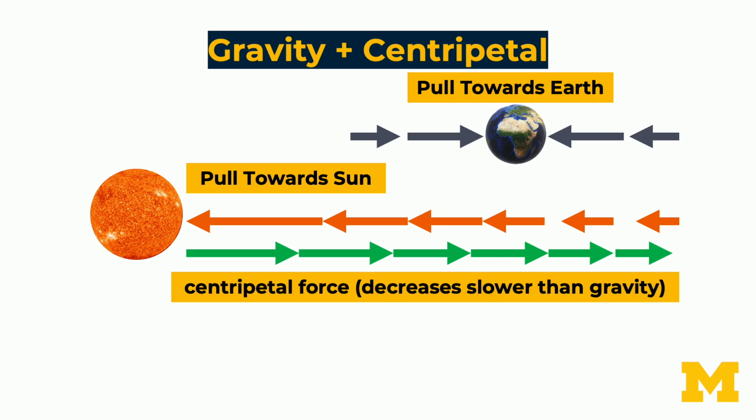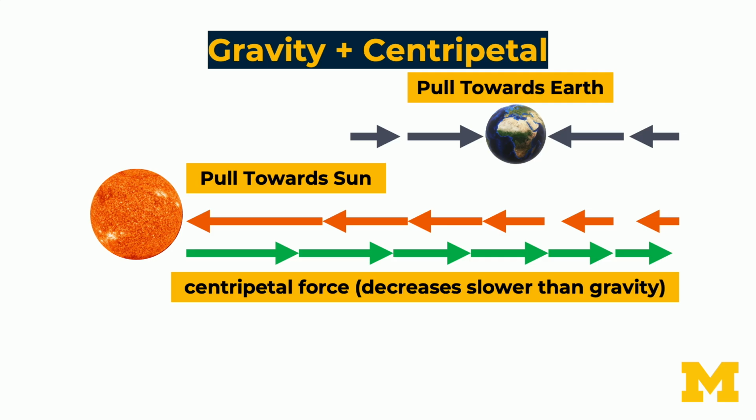Now, interestingly, you may be able to see that there are points at which a lot of these arrows are opposite of each other. So between the Sun and the Earth, you have gravity pointed towards the Earth. You have gravity pointed towards the Sun. Those things are opposite. We've already established that we can find a place where they cancel each other. But then you also have this centripetal force that points away from the Sun.